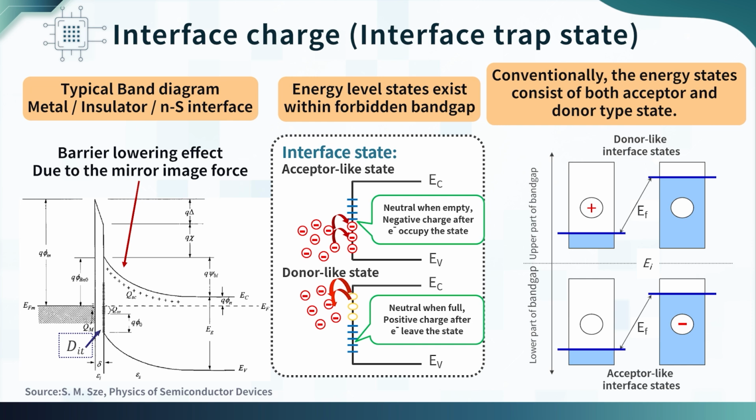But when your Fermi energy is above the state, then this state can be charged with negative charges. Another case, for the donor-like state, is that when EF is below the energy state, the state will exhibit as a positive charge. But when EF is above the state, then the state will become neutral.